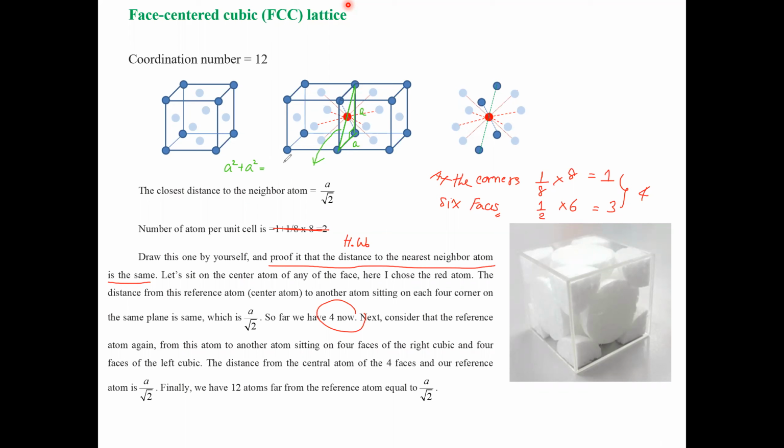I make it X, right? For now. So this side, right? This one is 2A square, and then I take the square root of this.